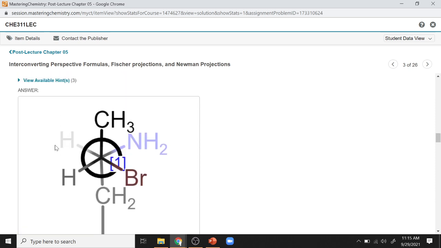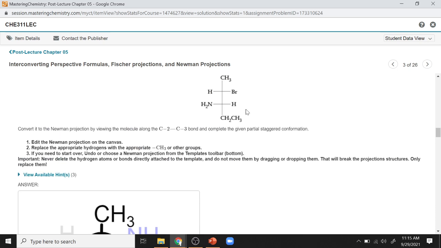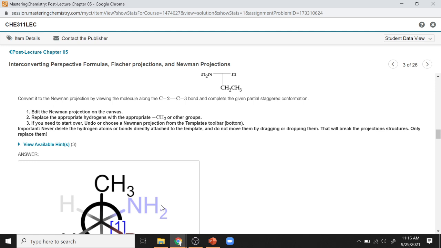Okay. These, though, because we've rotated 180 degrees, they always have to be flipped, don't they? Yeah. And so we look at the NH2 and H, and they have to be flipped, don't they? Yeah. So our H is going to be on the left. Our NH2 will be on the right.